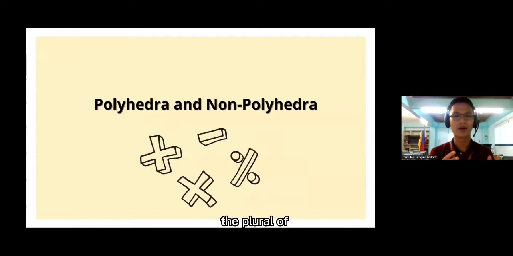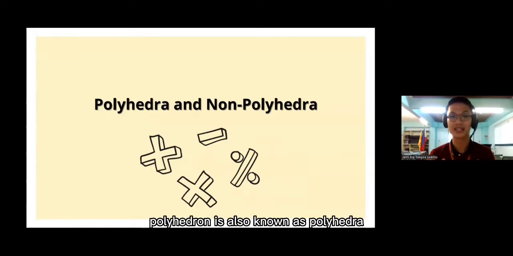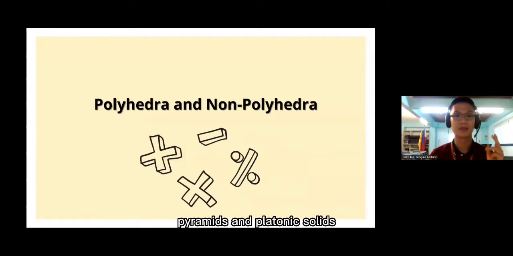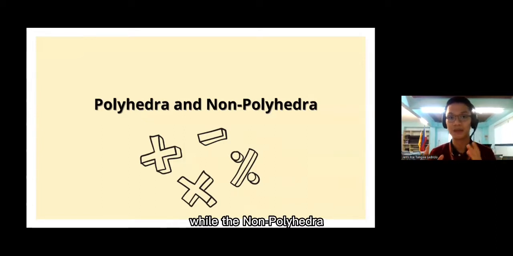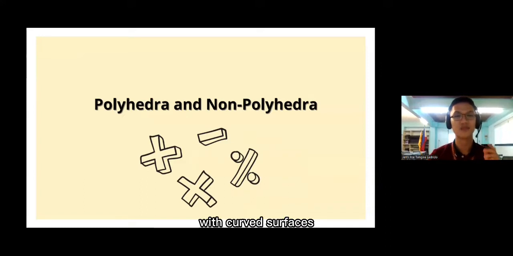The plural of polyhedron is also known as polyhedra. They are classified as prisms, pyramids, and platonic solids, while the non-polyhedra are geometric designs that are not polygons, which are solids with curved surfaces or a mix of curved and flat surfaces, such as spheres, cylinders, cones, and torus.